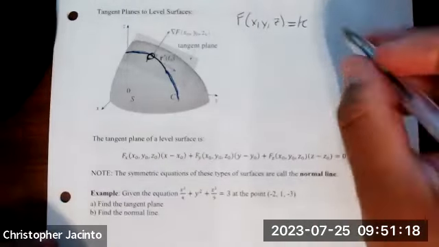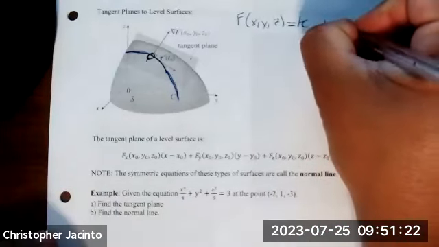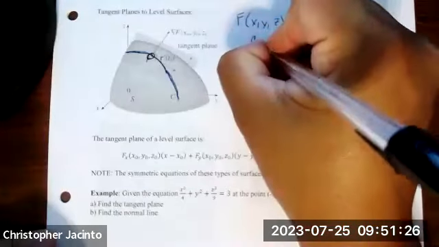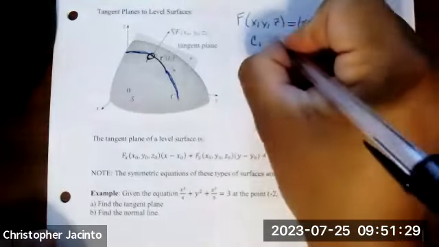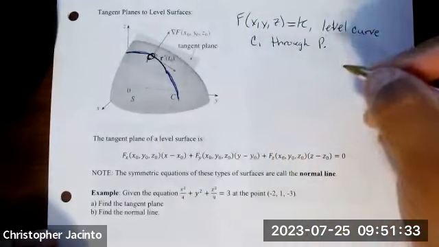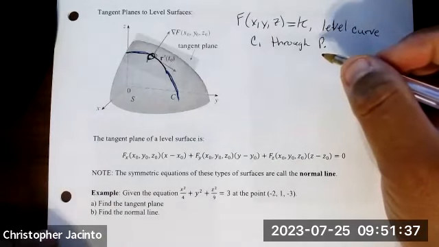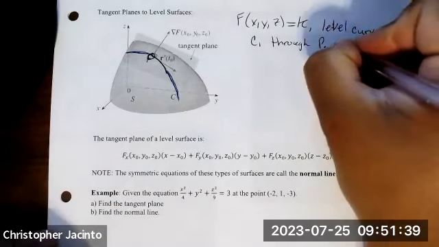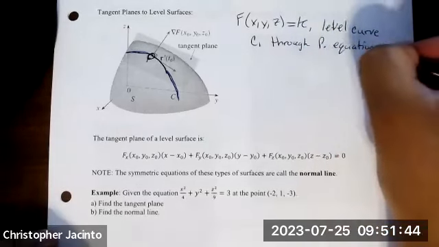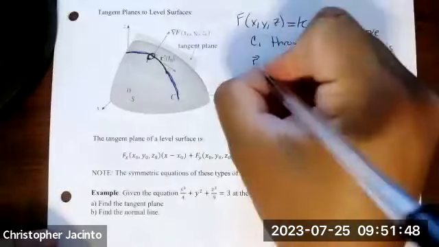Okay. So let me first write some stuff down. We have a level curve, we'll call that C1, through P. So let's suppose the equation of this level curve is r(t).